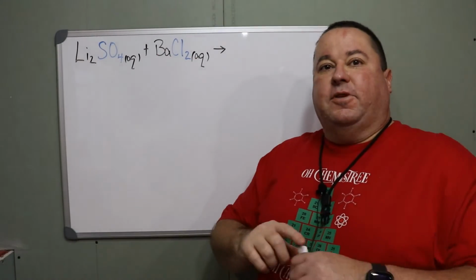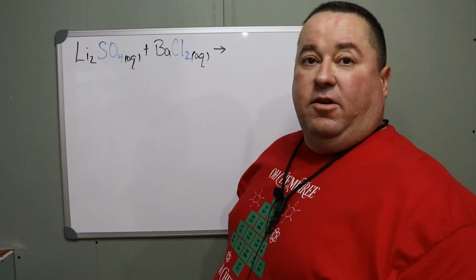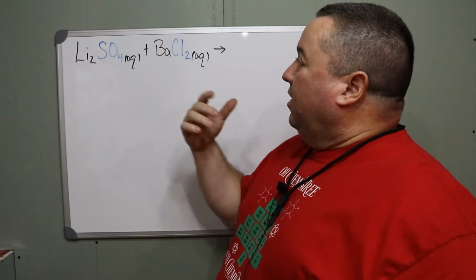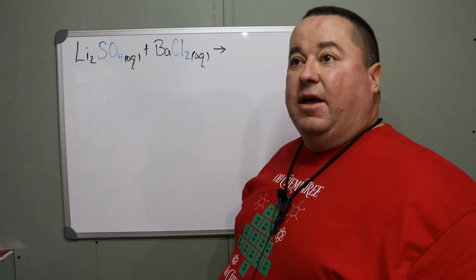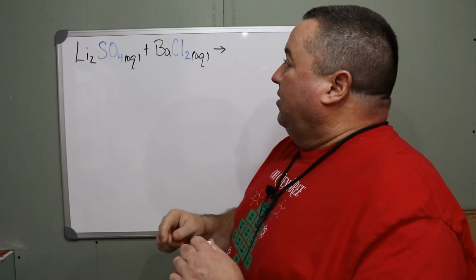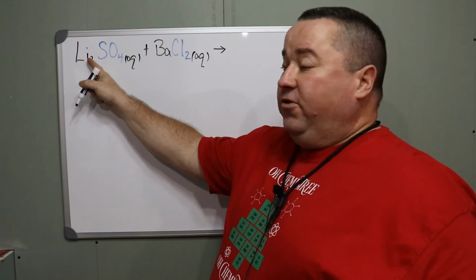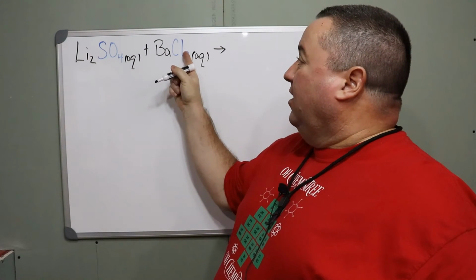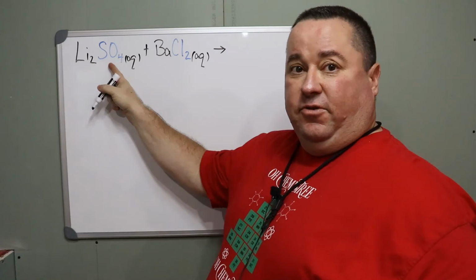In this possible double replacement reaction, the stoichiometry is not going to be quite as simple because here the anions and cations don't all have a 1 positive, 1 negative charge. So the first thing is that we still pair the cation from the first compound with the anion from the second, and the cation from the second compound with the anion from the first.